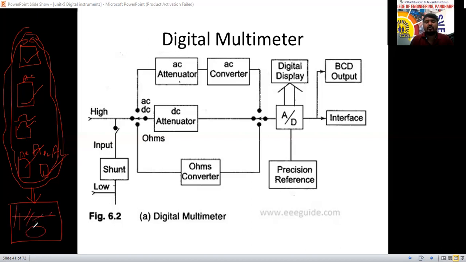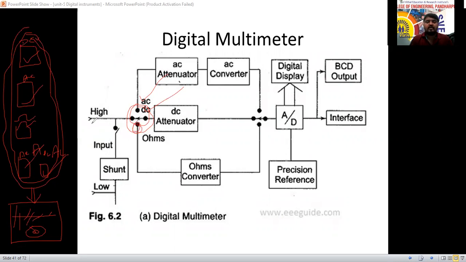But we have provided a knob. This is the knob, where we set whether it should connect to AC, or DC, or resistance. So we use the knob here.